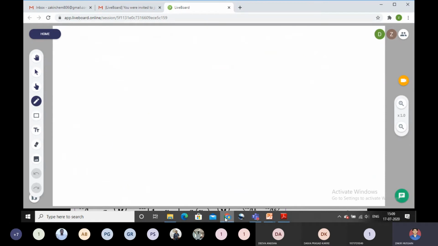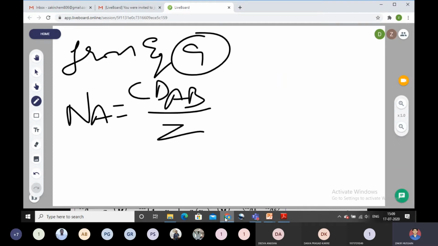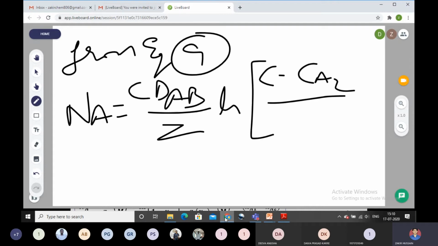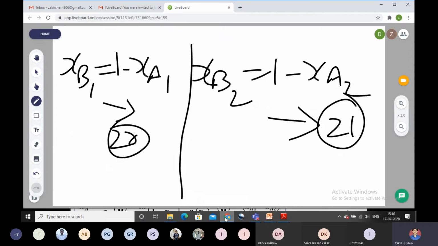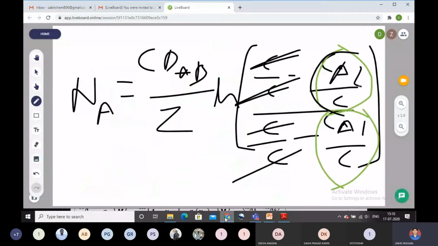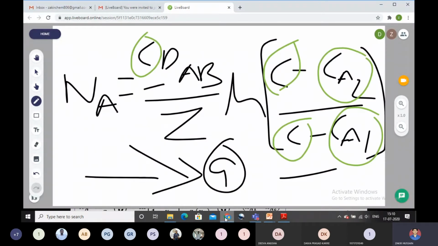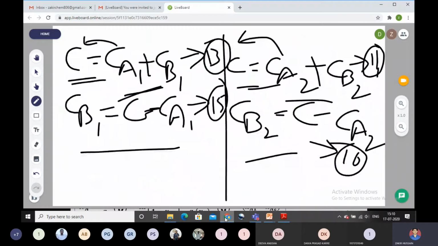From equation 9, we will write once again C DAB by Z ln of C minus CA2 by C minus CA1. Yes, equation 9 is C DAB by Z ln C minus CA2 by C minus CA1.